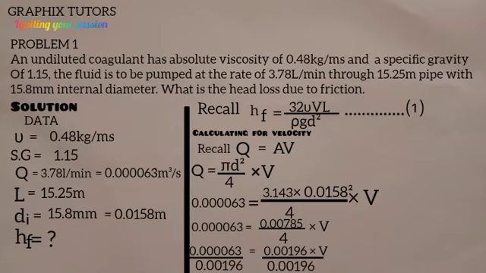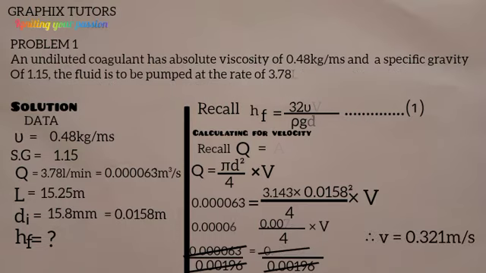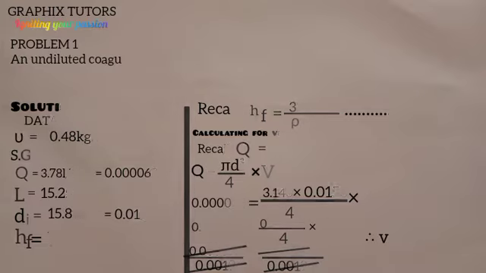When you do that, at the right hand side the 0.000196 cancels out, so you're left with v. Now when you divide 0.000063 by 0.000196 at the left hand side, you have v equals 0.321 meters per second. So that is our velocity.